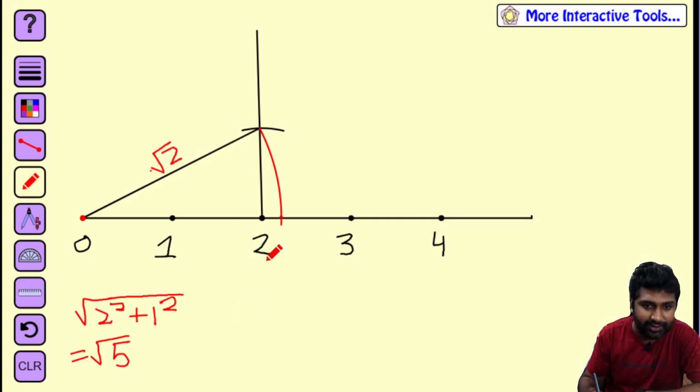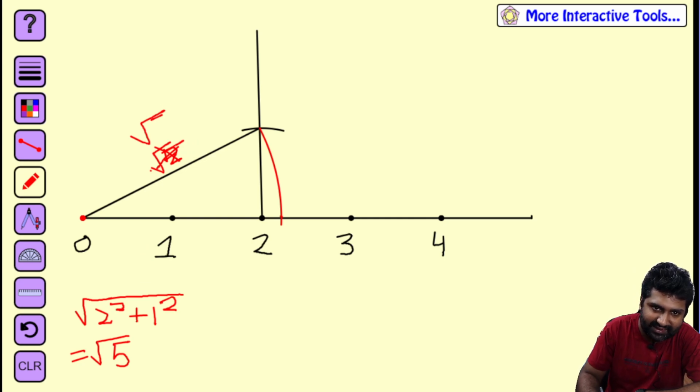My bad, I said root 2, it's actually root 5. I think the erasing option will not work, so I will cut it down. Root 5. All right, with the application of Pythagoras, we got root 5.